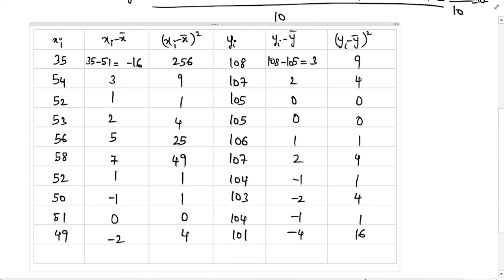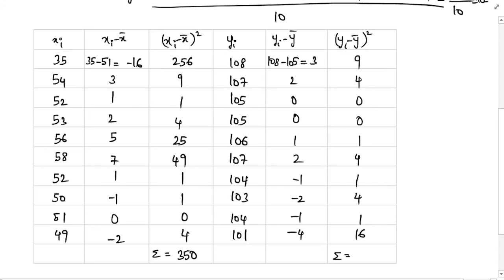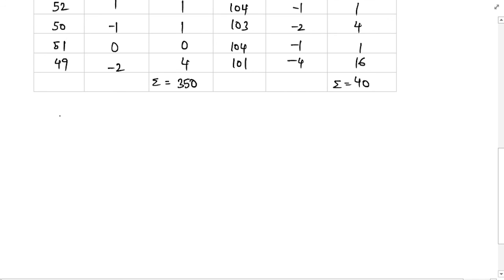Okay, so now we have to find the summation of this. The summation of this is equal to 350. Okay, and the summation of this is equal to 40. So now we will find the standard deviation.